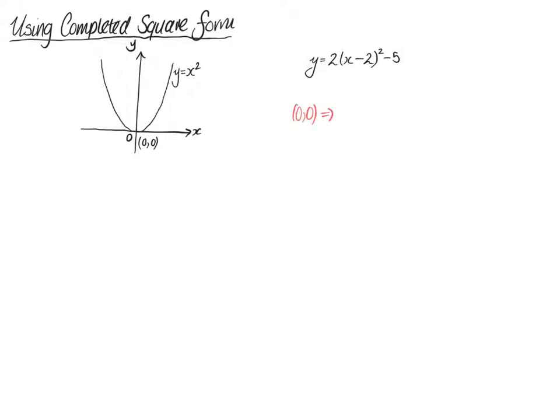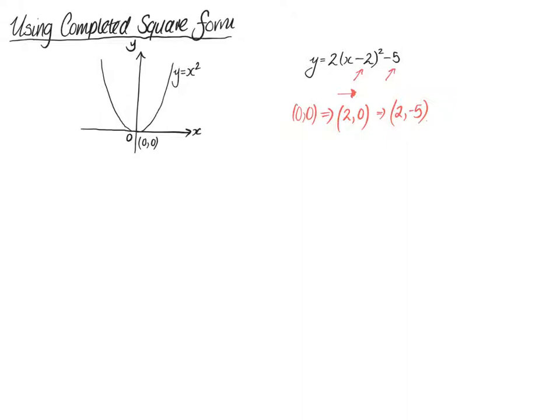So we know we can now take that 0, 0, and we know that minus 2 here means we have to move our graph to the right. So we've got to move it to the right 2, so that then becomes 2, 0. And then we know that this one here means that our graph is moved down 5, so we've got 2, minus 5.